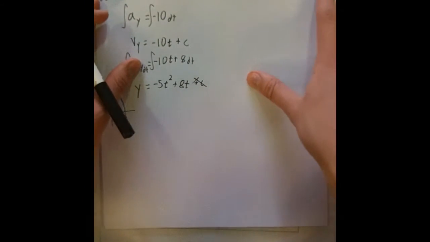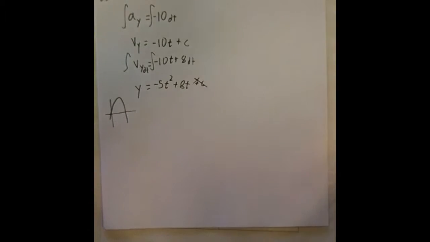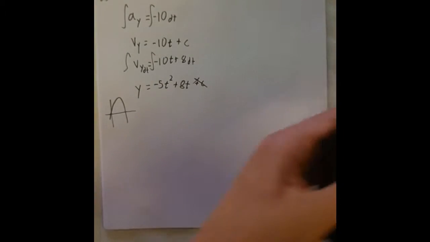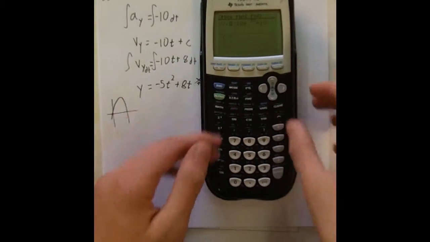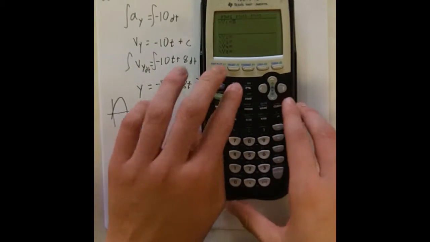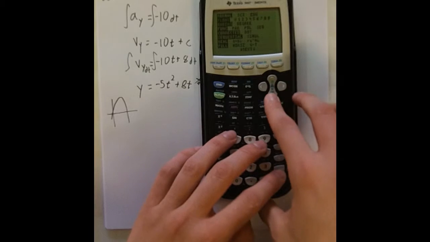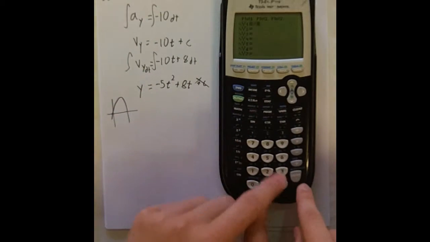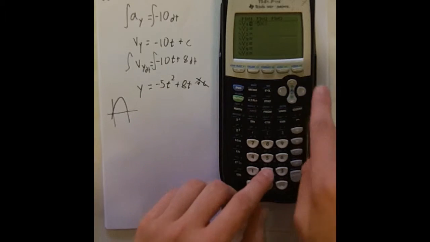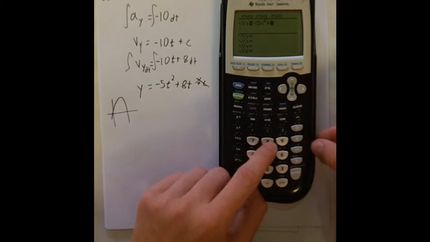Okay, so now we're going to solve this for time. So what we're going to do is plug into our calculator. Sorry, ignore that. I'm doing weird math. I am definitely not in degrees. It doesn't matter, but still. So y equals negative 5x squared plus 8x.